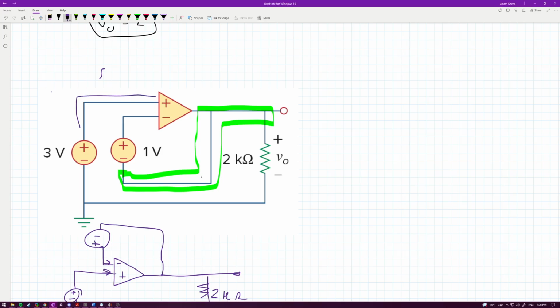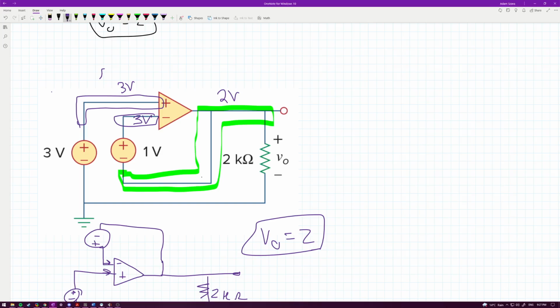I know the voltage here is 3, because that's ground, so compared to ground, that's 3 volts. That means this must also be 3 volts, just because an ideal op-amp has to have the same voltage across the 2 pins. So the node in green is 2. And there you go, that's VO.